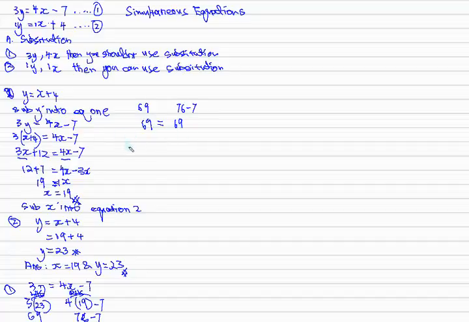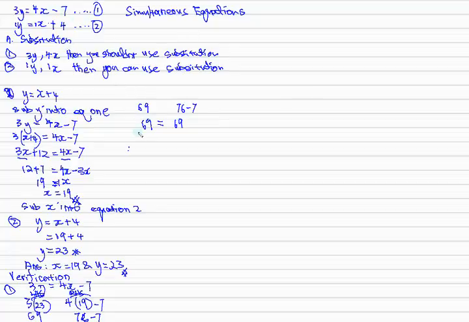Therefore, this step here is called the verification process. Verification means after you find the answer, you use the answer to check against the original condition, to see whether it meets the original condition.